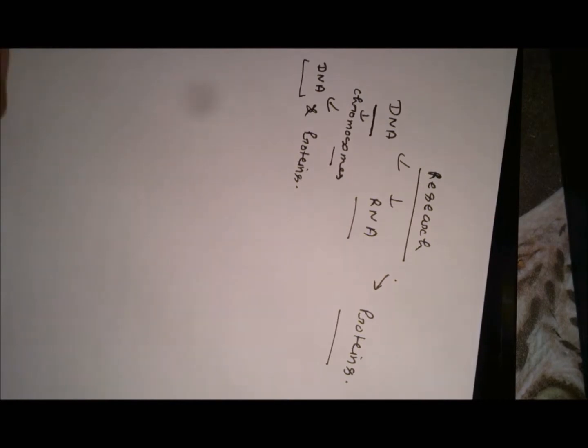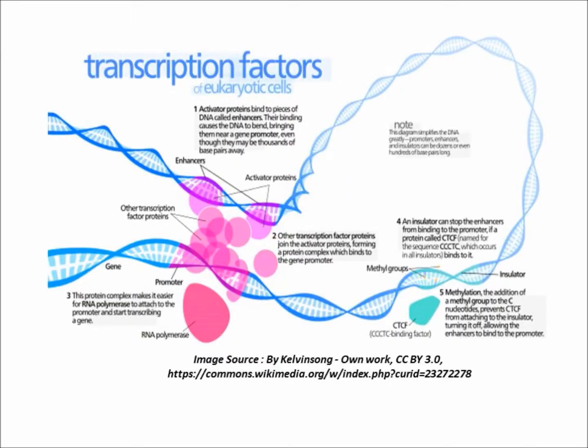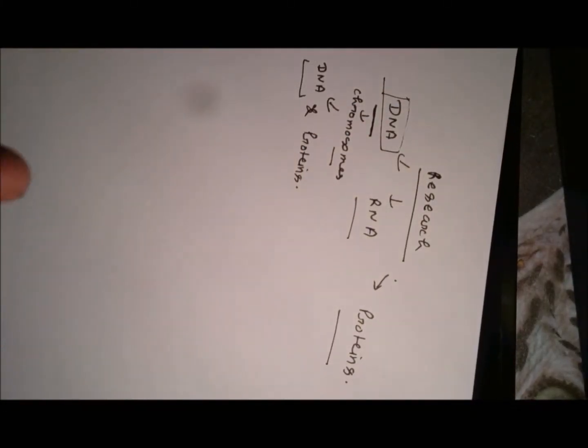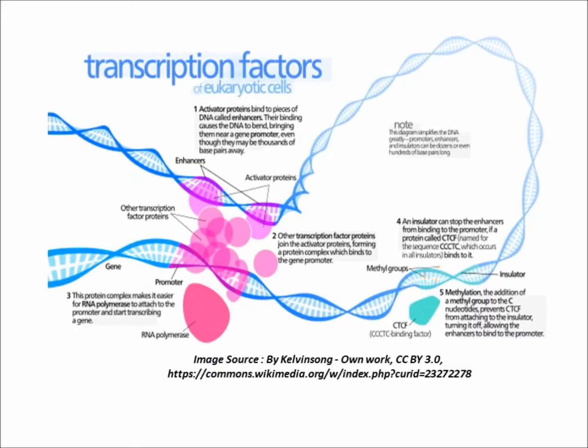Some are structural proteins like histone, some are functional proteins like transcription factors, some other proteins like RNA polymerase, some other proteins like DNA polymerases. So in the area of DNA, you study the DNA structure, the function of different types of DNA structure, how the DNA can regulate gene expression, etc.